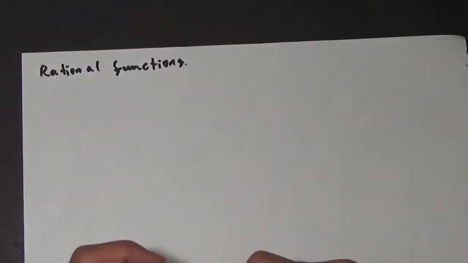So if you remember, rational functions have a polynomial in the numerator and a polynomial in the denominator. The big discontinuities that can happen in a rational function are either a vertical asymptote, or a removable discontinuity.